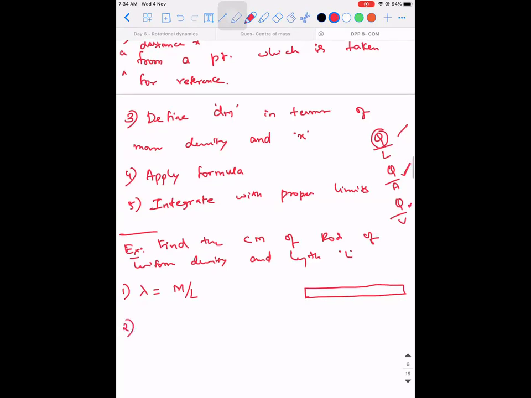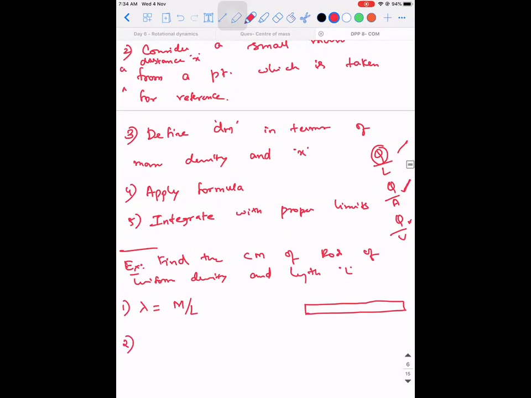Second step, consider a small mass dm from a point which is taken for reference. Let me take this as the reference point. From the reference point, I'm going to consider a small element of mass dm. Since it's a small element, its thickness is also small. Let's say it's dx, and its mass is dm. Third, define dm in terms of mass density and x.